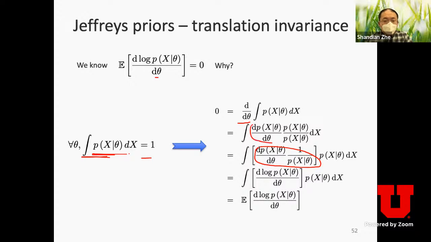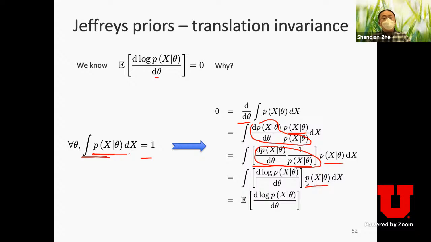If you look at these terms together and leave this density outside, the terms inside this square bracket are essentially the derivative of the log likelihood with respect to theta. You just apply the chain rule.